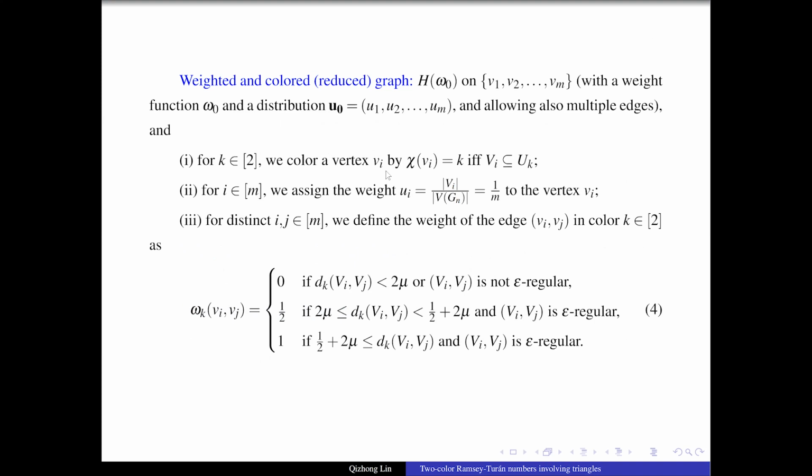Moreover, if the k-density of a pair V_i V_j is at least a half plus 2μ, and V_i is marked with color k, then the class V_i always contributes 2 vertices to the complete graph K_q we want to find.